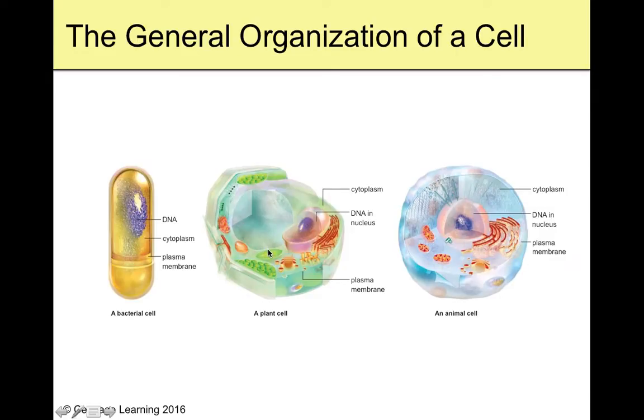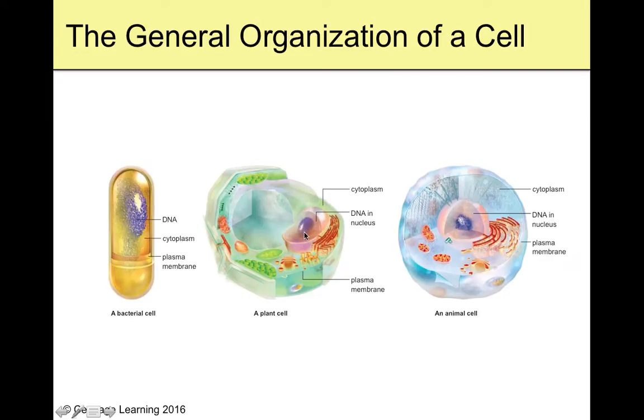But going back to that last point, we have a plasma membrane on a bacteria, a plasma membrane on a plant, and a plasma membrane on an animal. We also have a cytoplasm, so there's some stuff inside this, there's some stuff inside this, and there's some stuff inside this. Are they different? Sure, but there's something inside of them. And then finally, DNA. Bacteria, it's not too fancy. It's just DNA in there.